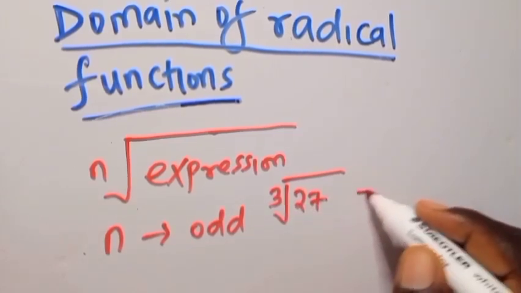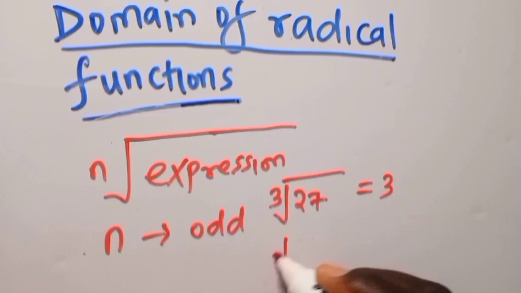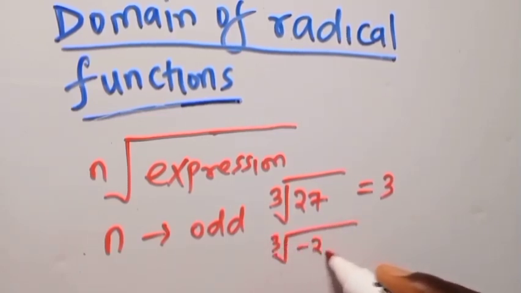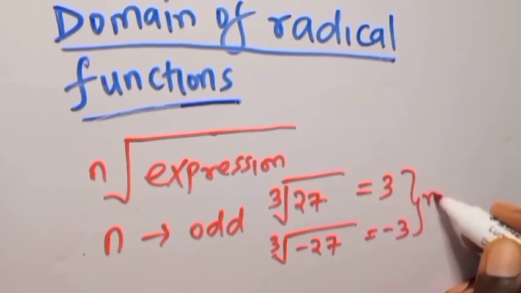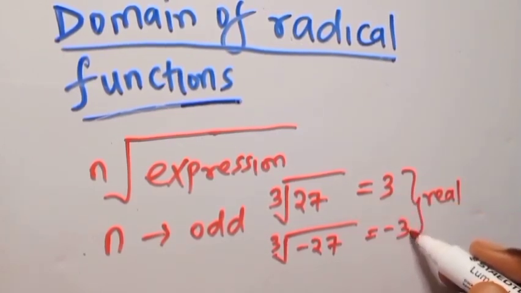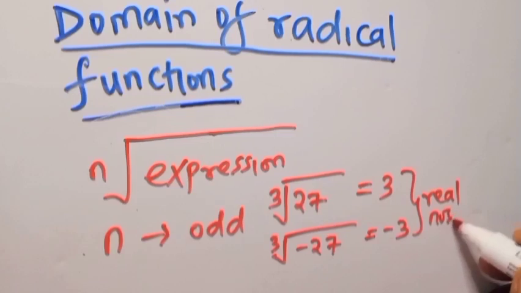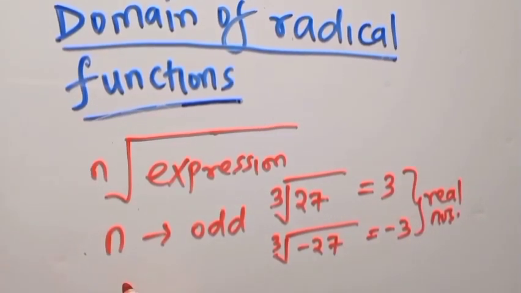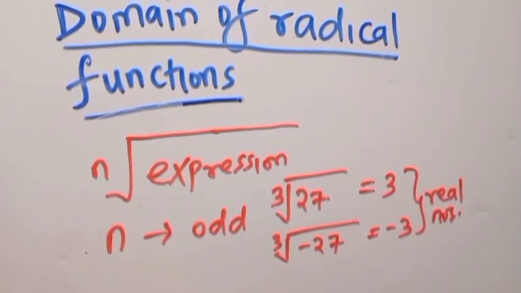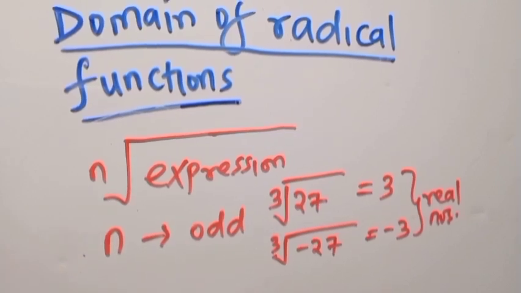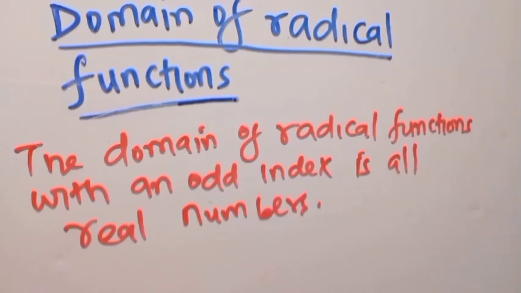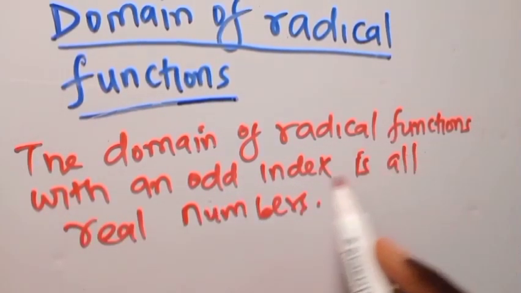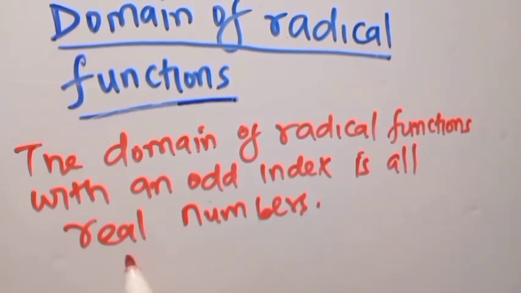The cube root of 27 is just 3, and the cube root of negative 27 is just negative 3. The two are real numbers. Therefore, we can conclude that the domain of radical functions with an odd index is all real numbers.